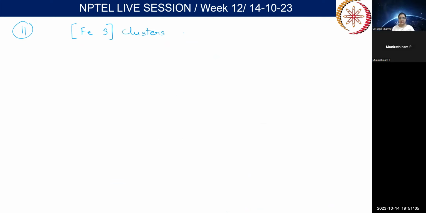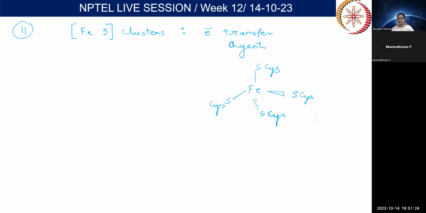These are the electron transfer agents. There we have taken the example of rubredoxin. So this was rubredoxin. But now we are going to have a ferredoxin.